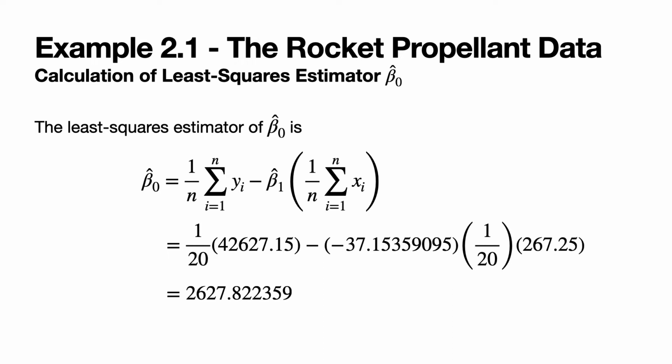Plug those values in, and we can see here that I get a least squares estimate of beta 0 hat equal to 2627.822359.